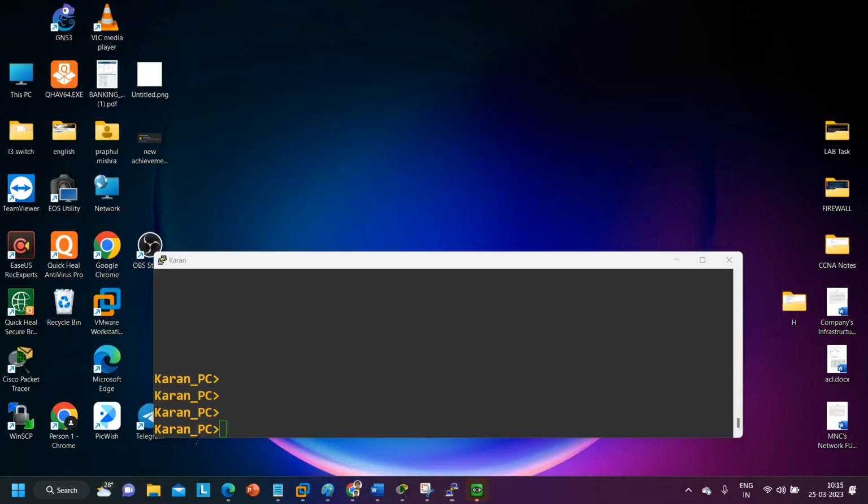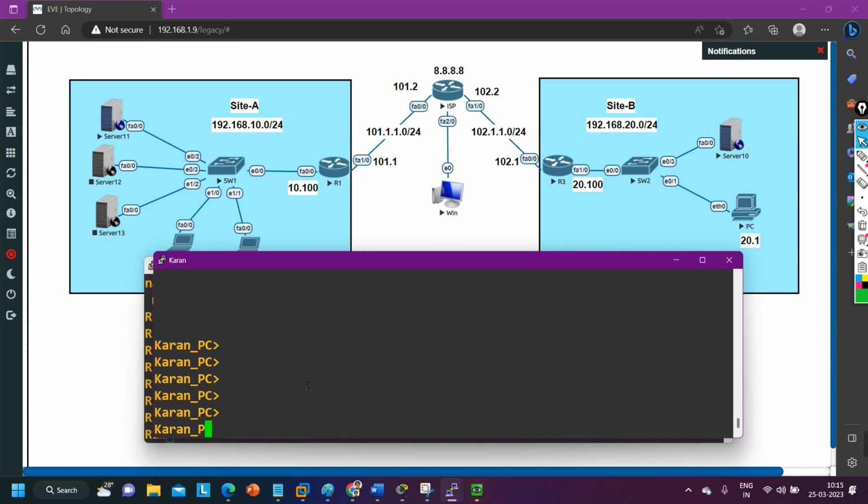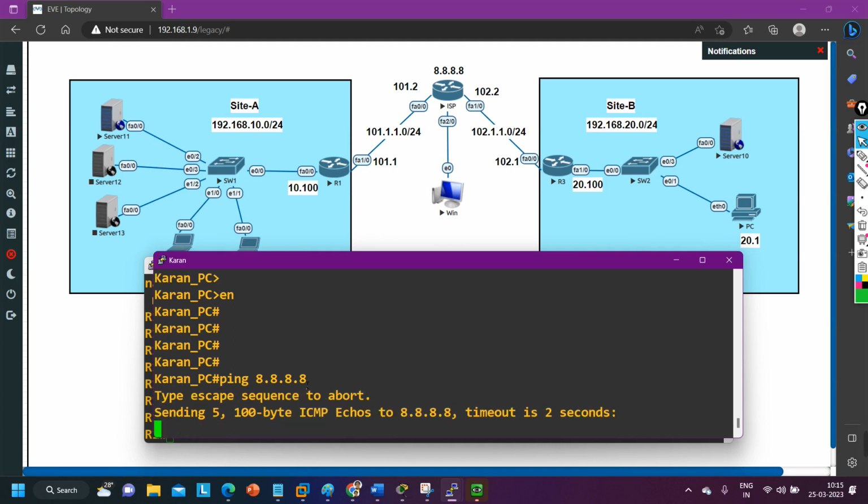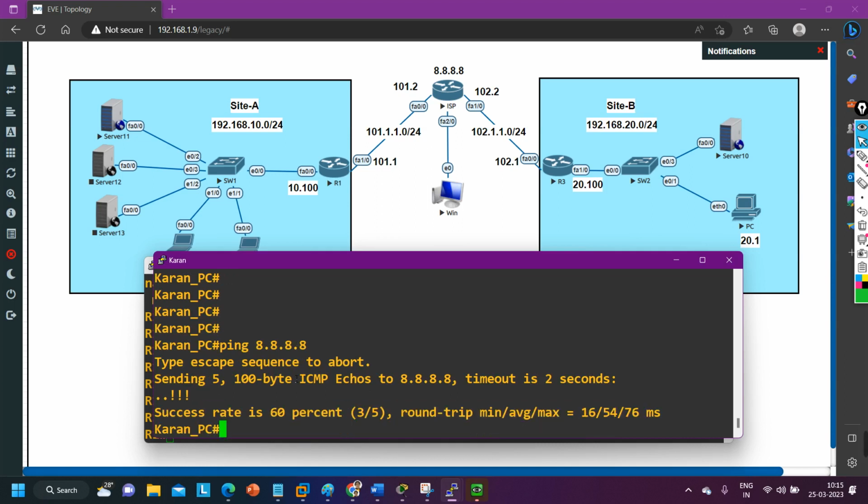But if Karan pings, this is Karan's PC, here I am going to ping 8.8.8.8. First of all, let me check whether Karan is able to ping or not. Karan is not able to ping yet, so I need to troubleshoot why.